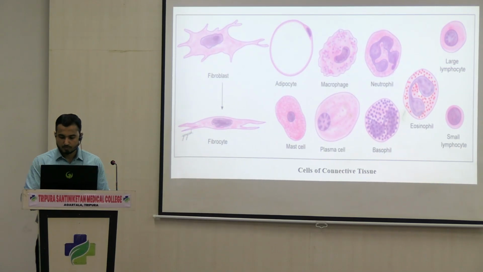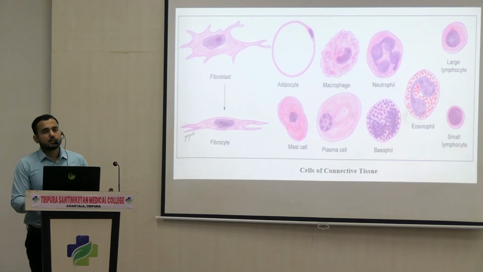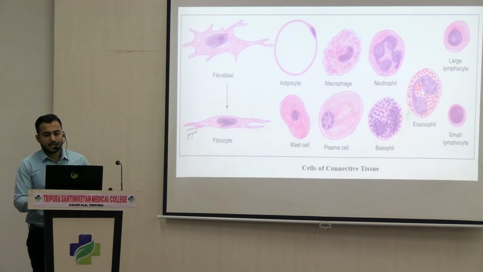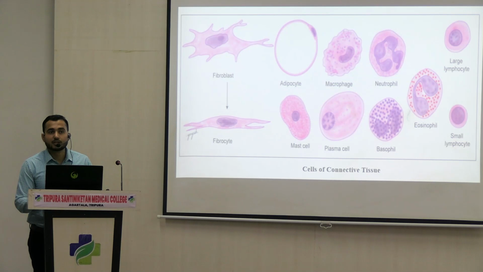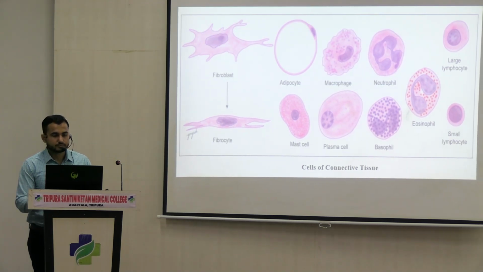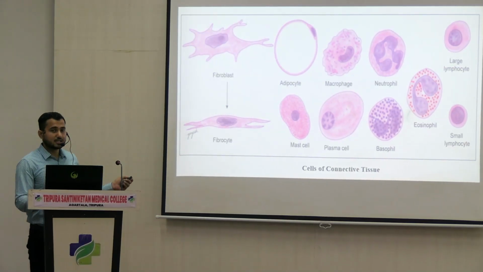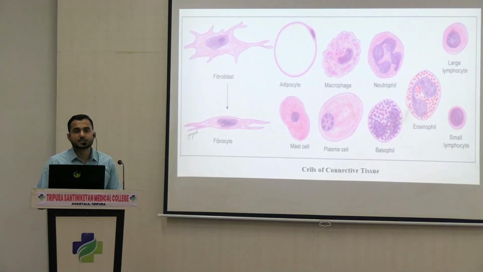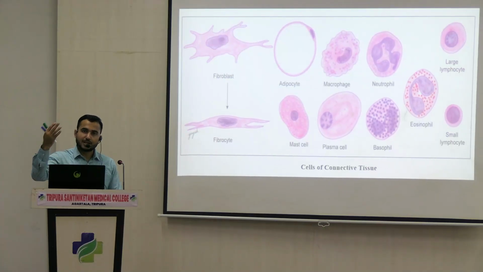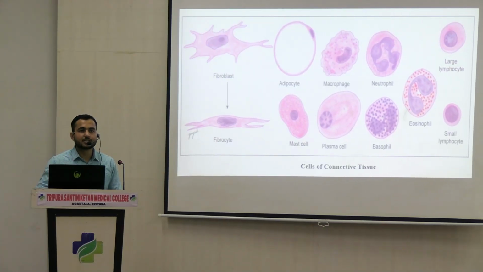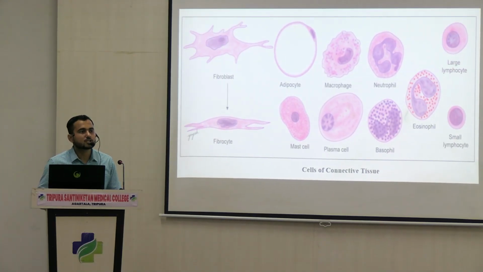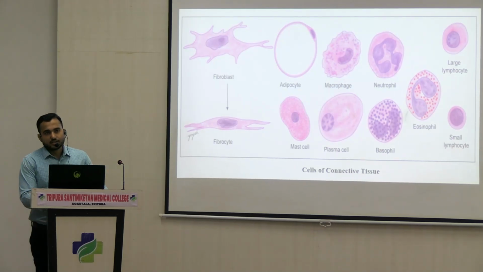Now, when these fibroblast cells are associated with the reticular fibers, they are also called reticular cells. Next, fibrocytes are also there. These are immature and inactive cells. Fibroblasts are mature and larger. Fibrocytes are inactive and smaller as compared to fibroblast cells, and their functions are also different.